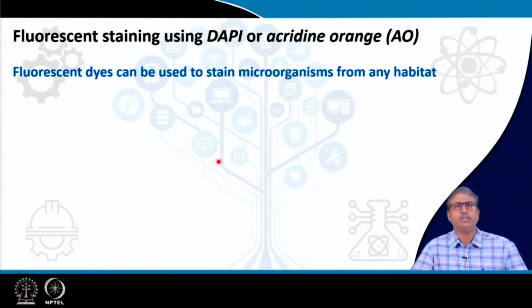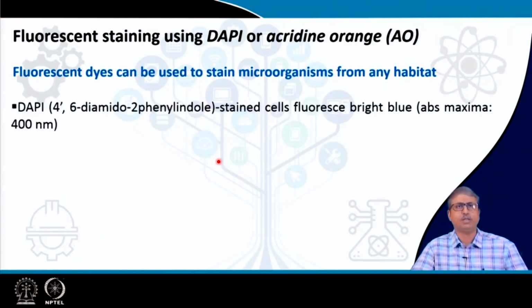You can have the samples straight away taken from your system, maybe the reactor or the tank or activated sludge system, aeration tank, anaerobic digester, or any other kind of system, and then stain them with fluorescent dyes following the protocols, and then take them to the fluorescent microscopy.